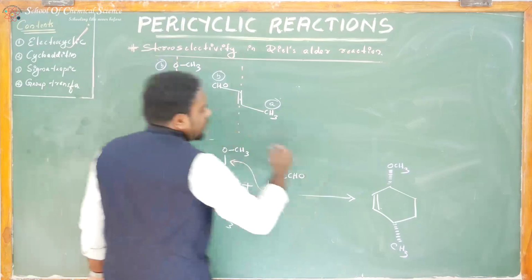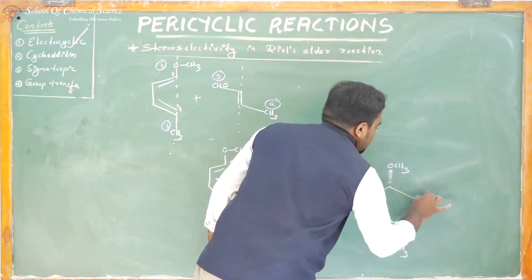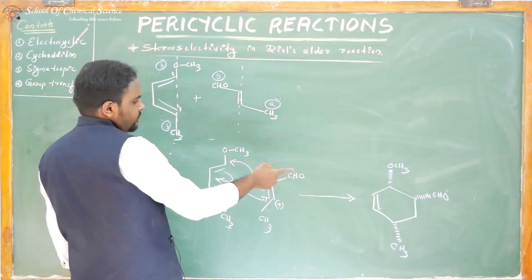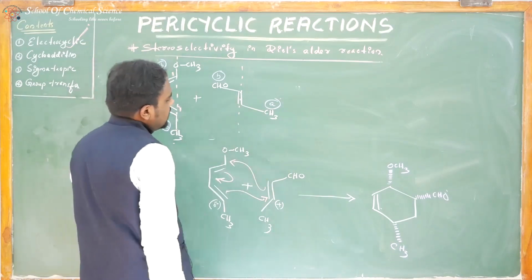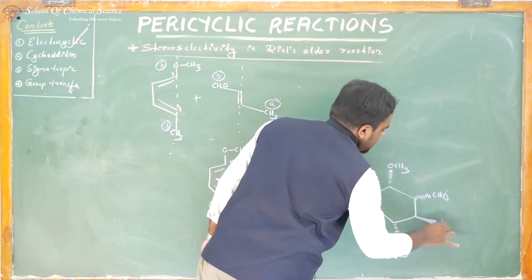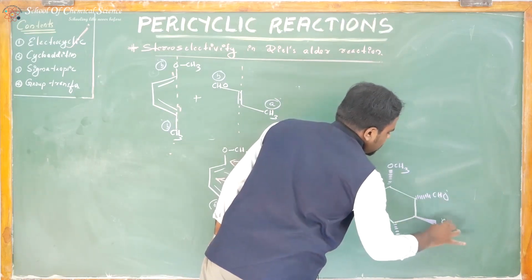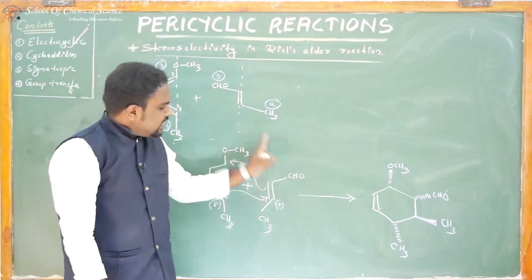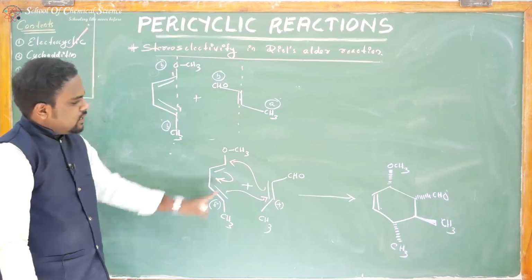Then this CHO is below the plane. This CH3 is above the plane. Same product: OCH3, CHO, CH3, CH3 stereochemistry.